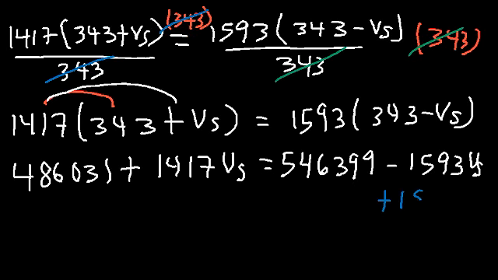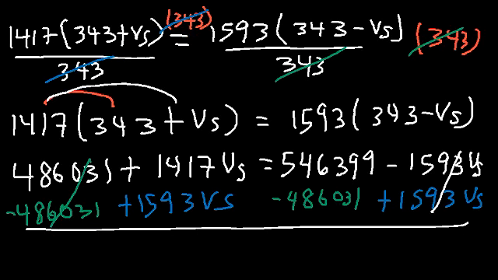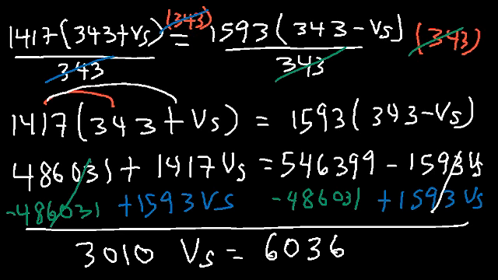So let's add 1593 Vs to both sides. And let's subtract 486,031 from both sides. 1417 plus 1593 is equal to 3010 times Vs. 546,399 minus 486,031 is equal to 60,368.